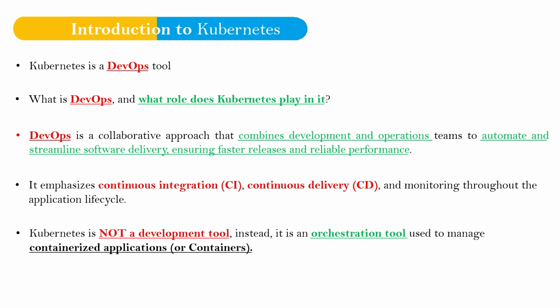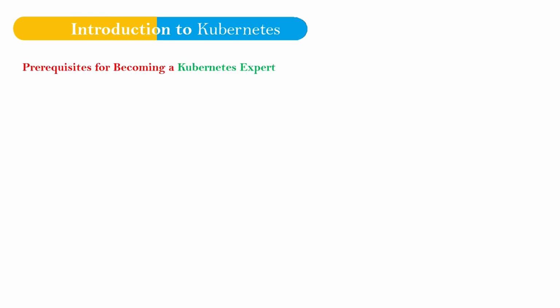Containerized applications means those that are running in containers. So one thing is clear here: Kubernetes is an orchestration tool, which is used for the management of containers, right? We'll get a complete understanding of this in this session and a few more sessions as well.